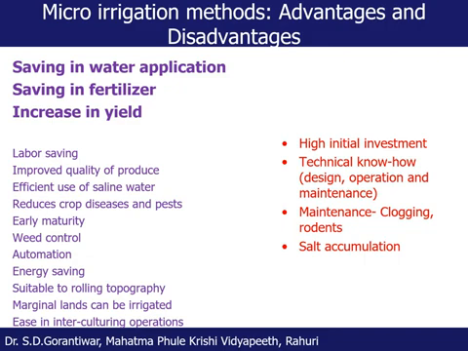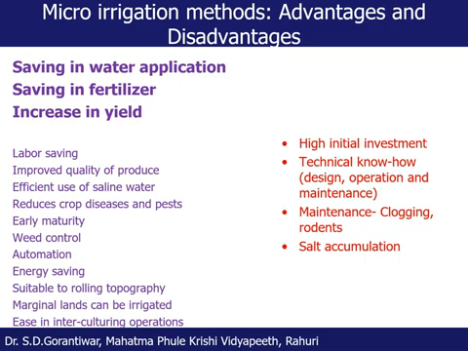As this method saves 50% of the water minimum, you apply 50% less water, and that itself is a saving in energy, because we apply less amount of water. At the same time, we apply water in very small quantity, so we don't need high HP pumps. Okay, and because of these reasons there is saving in energy.